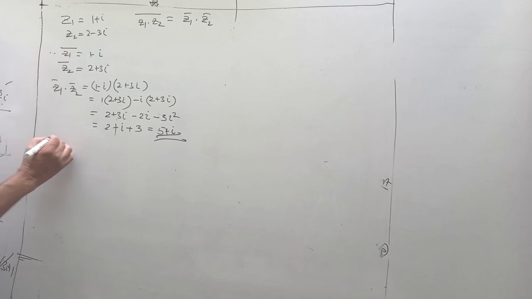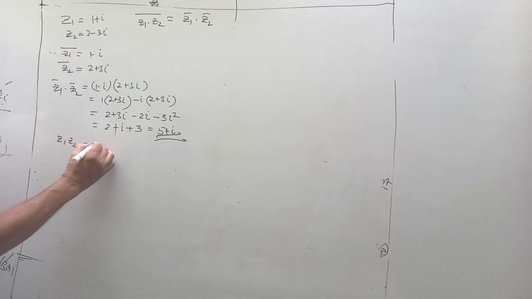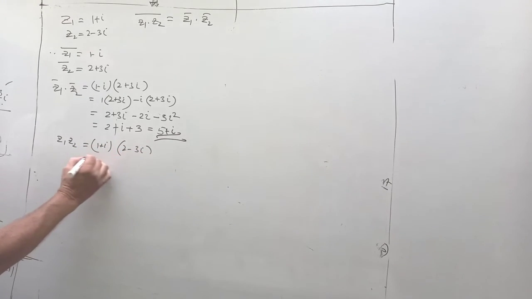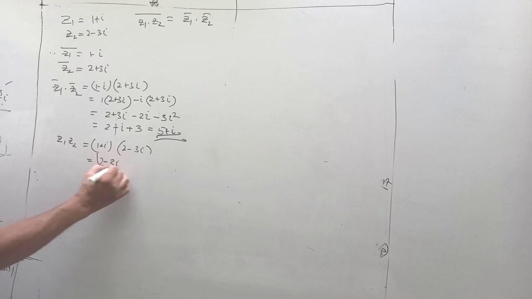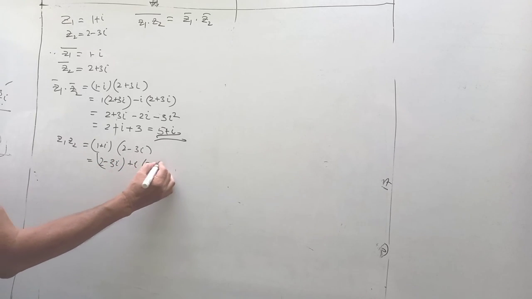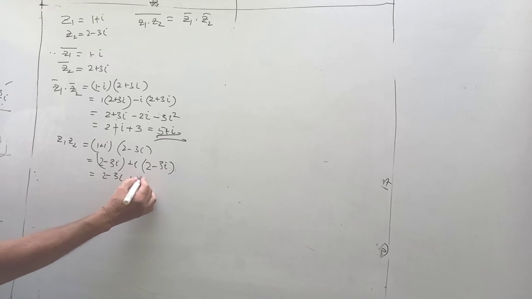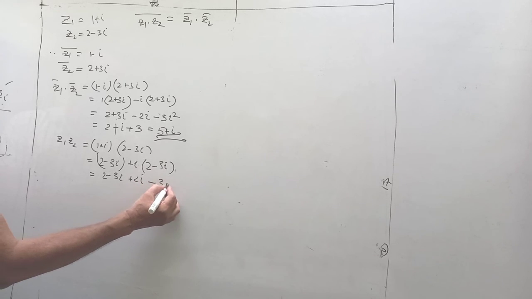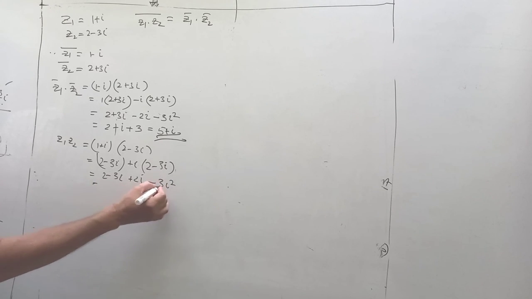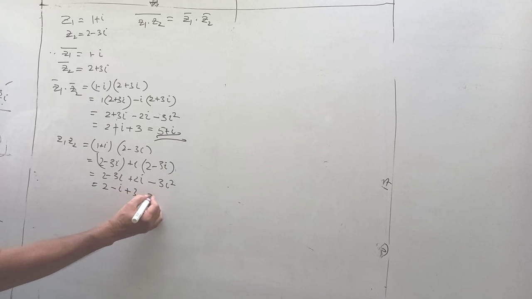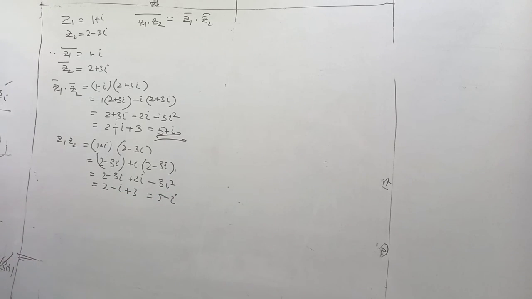Next, z1 and z2: 1 plus i into 2 minus 3i, equal to 2 minus 3i plus i into 2 minus 3i, equal to 2 minus 3i plus 2i minus 3i square, equal to 2 minus i plus 3, equal to 5 minus i.